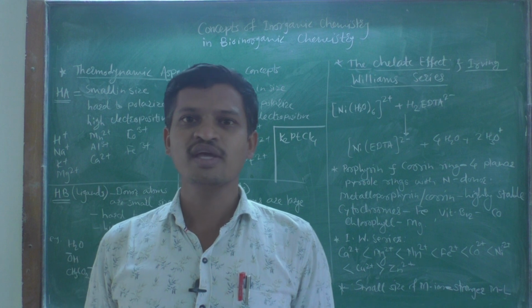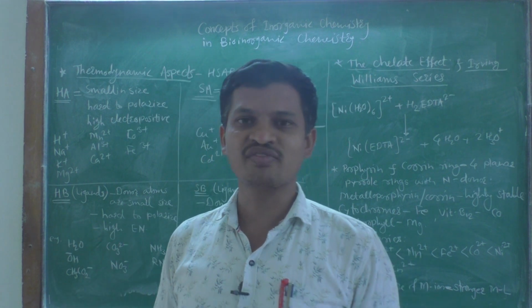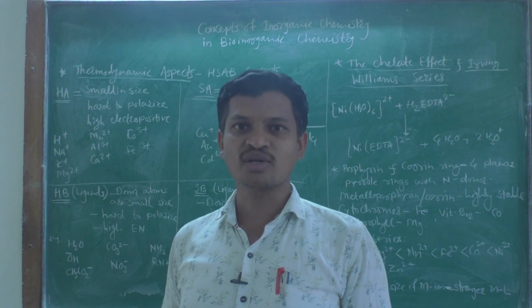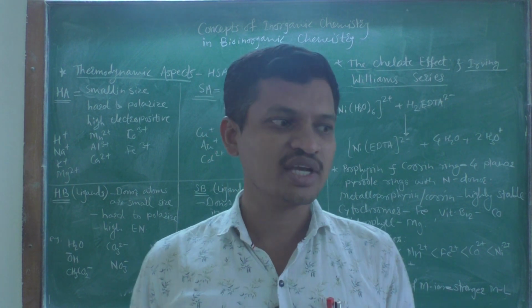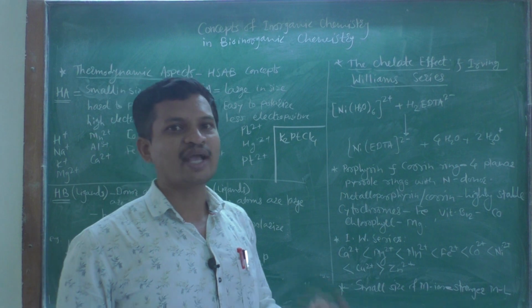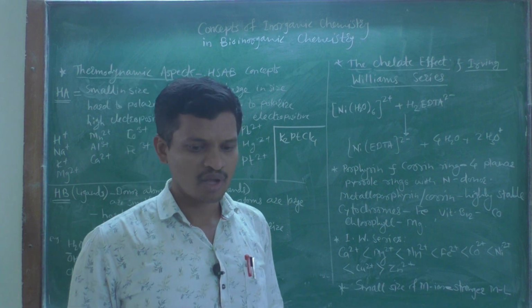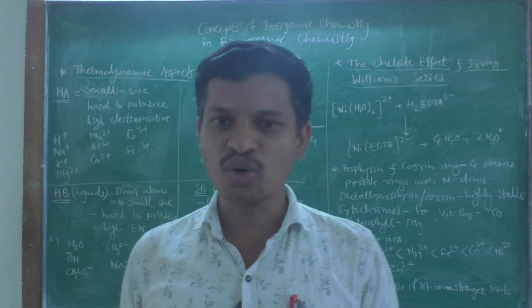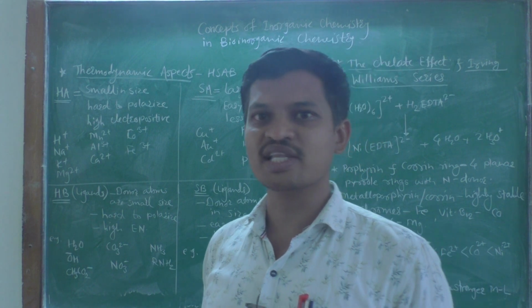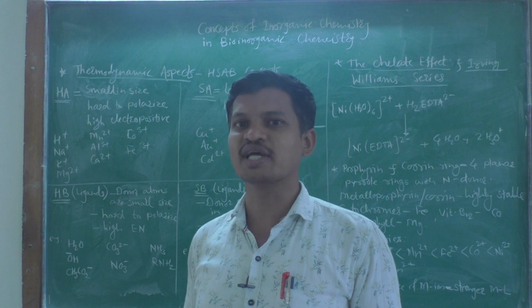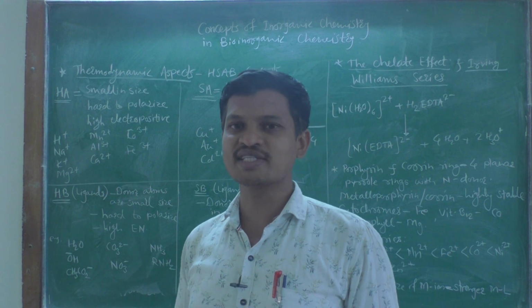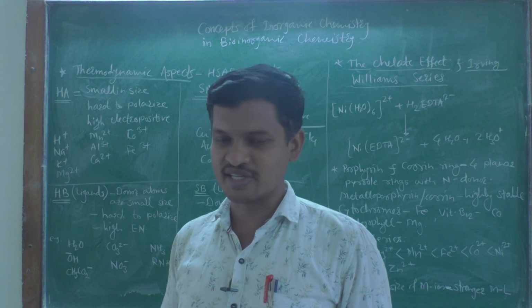In the similar way, the Lewis bases, we know the definition, are electron rich species and they are able to donate these electron pairs to the acceptor atoms. Hence, these electron rich species, that is Lewis bases, in coordination chemistry we call ligands, because ligands are acting as Lewis bases.